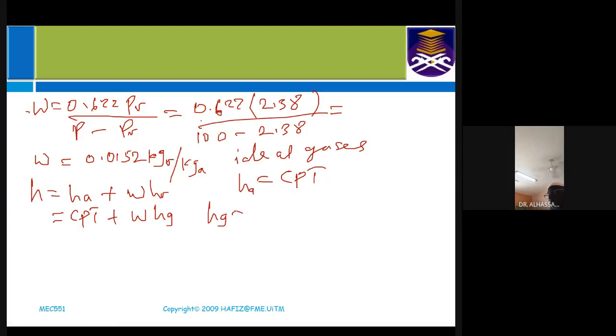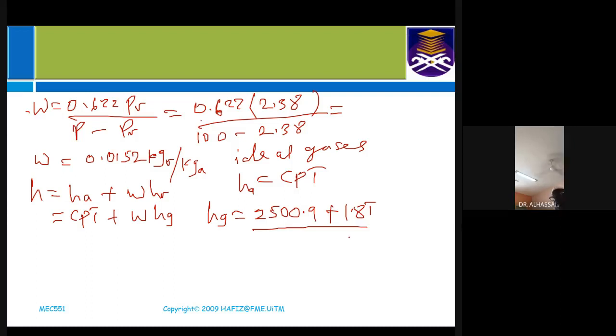Hg is generally defined as 2500.9 plus 1.8 T. This is the general equation for how to determine Hg.